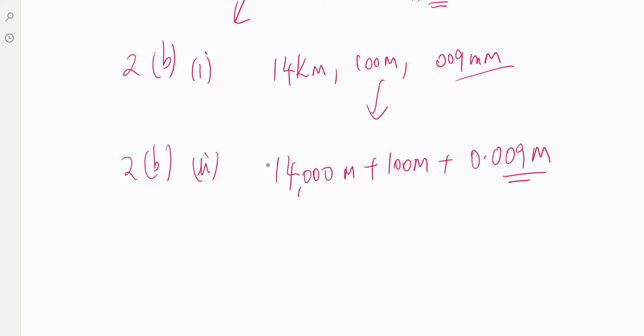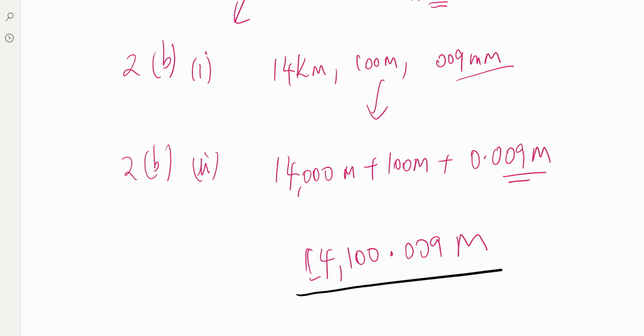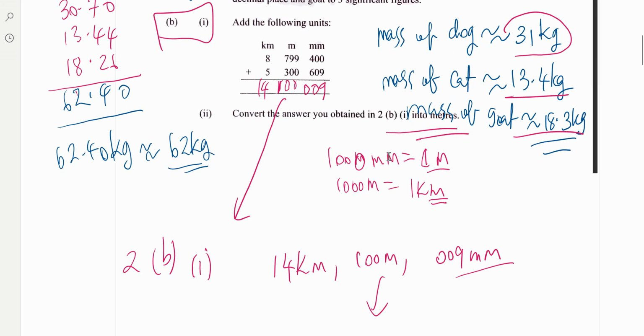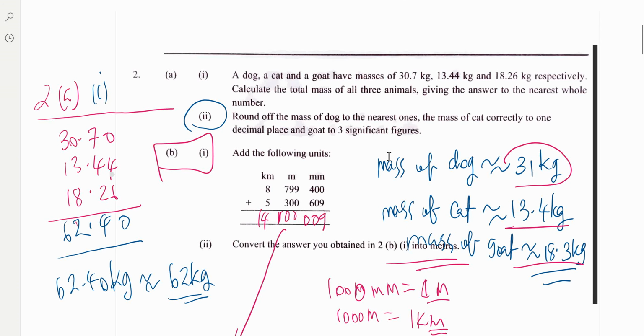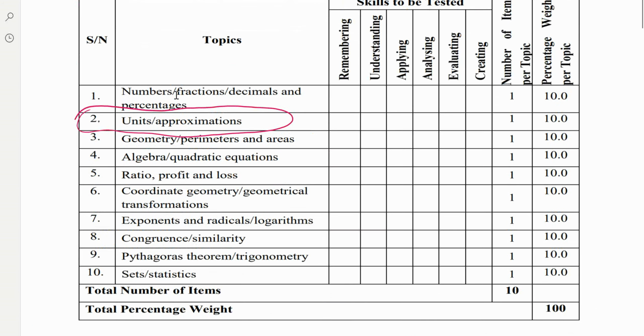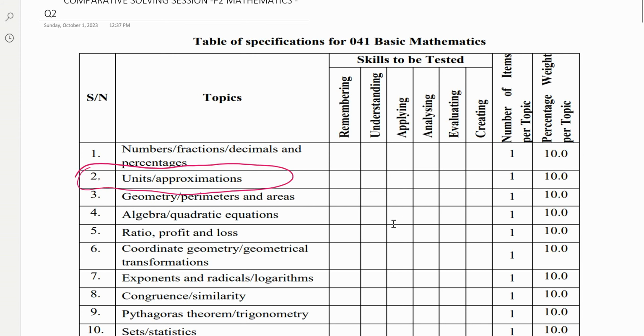So eventually you will be having 14,100.009 meters, dear students. So this is the answer for question number 2B. As we have seen, the question is on units and also on approximations.